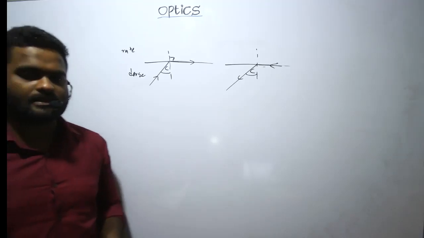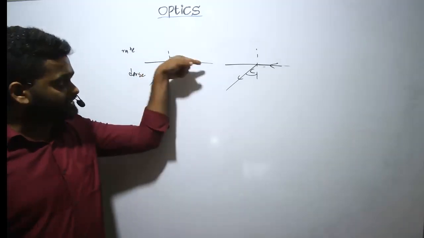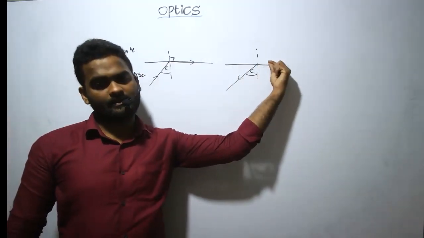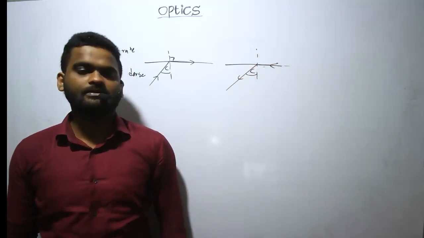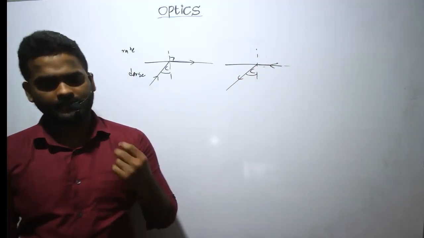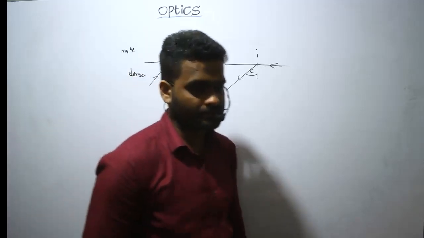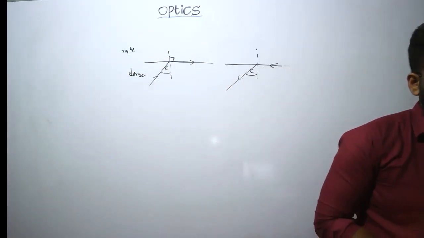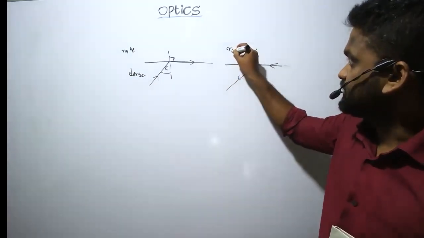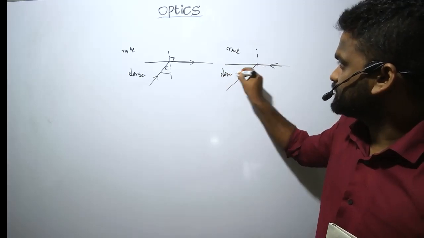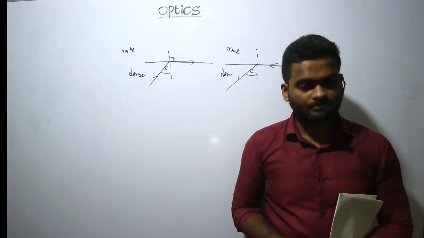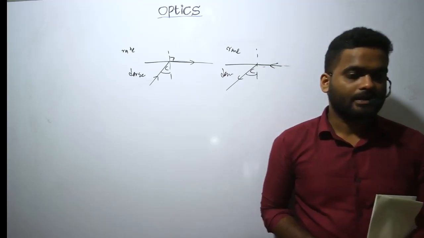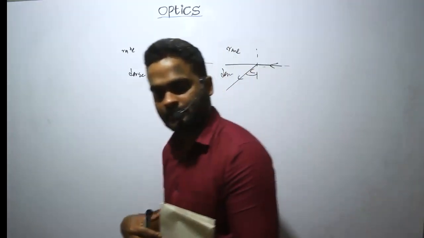It makes sense, okay? If it goes like this, and if you reverse the light ray, it will follow the same path. That is what we call reversibility of light. Just learn that here, okay? Just draw them. This is rare medium and it is dense medium, okay? Thumbs up if you're done.